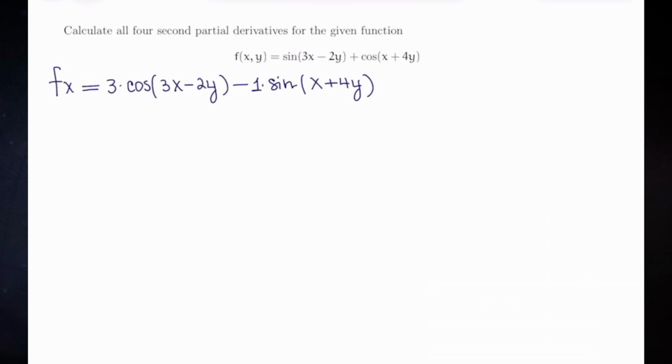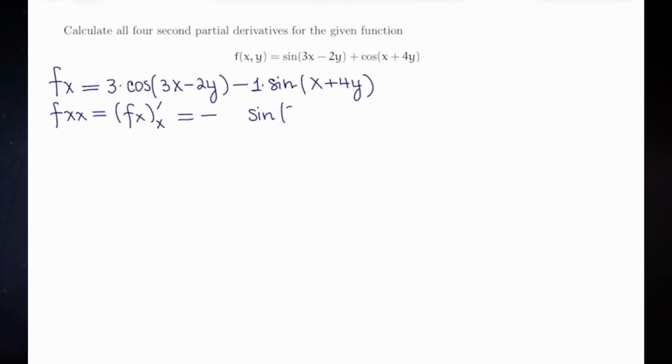Let's go ahead and compute the second derivative with respect to x. The notation would be f sub xx. I'm going to take the first derivative with respect to x and differentiate it again with respect to x. One at a time: the derivative of cosine is negative sine, so I'm going to put it right up here.